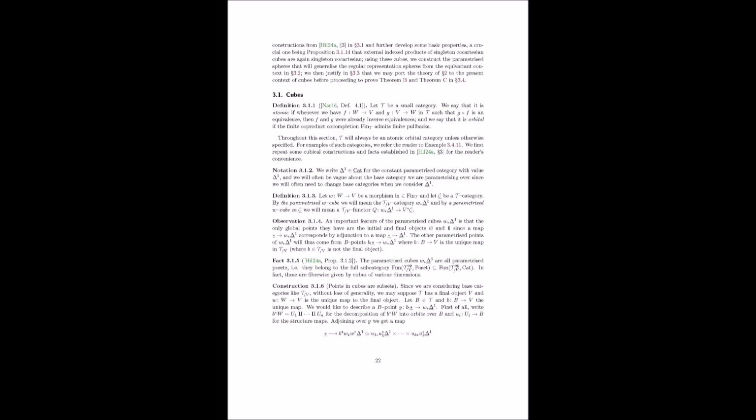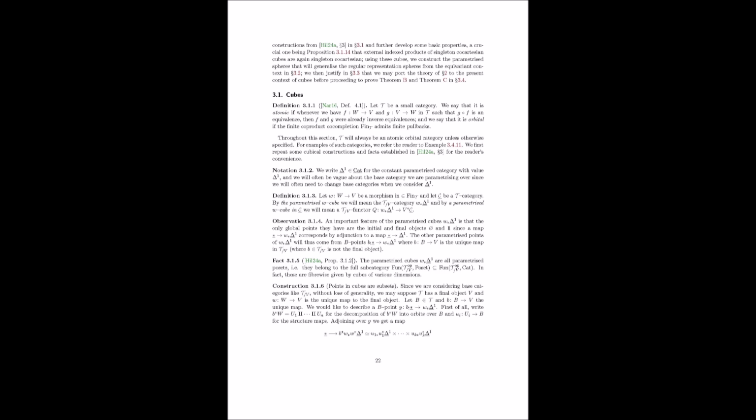Now, let's move on to a crucial construction: the singleton inclusion map. This plays a vital role in generalizing Goodwillie's notion of strong co-Cartesianness to this parameterized setting. So singleton inclusion, what's the intuition behind that?